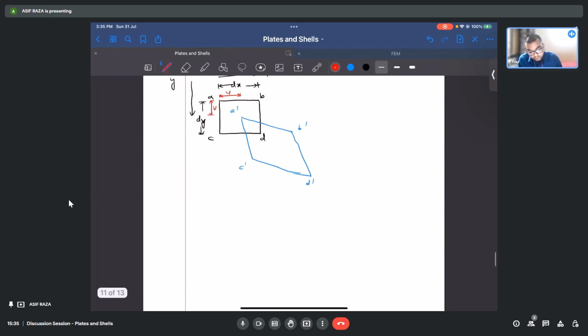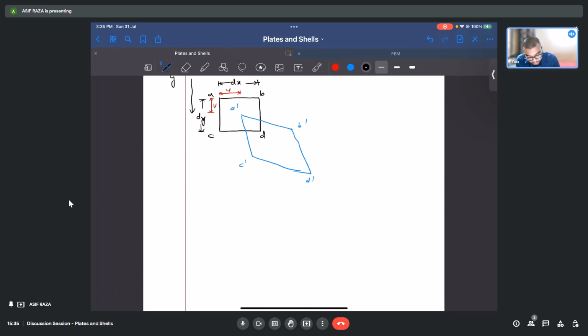So let's solve it step by step. We want to find the displacement of B in the direction of x.